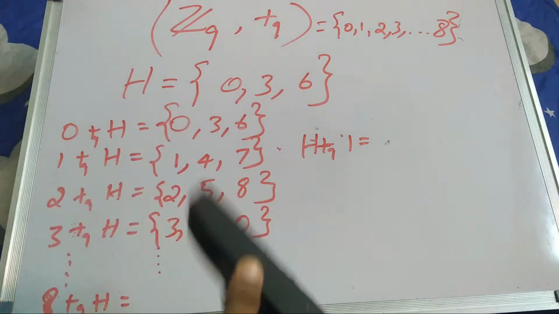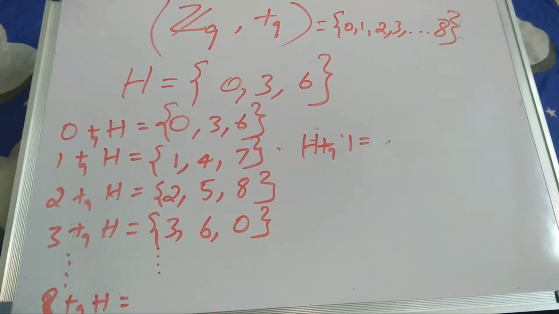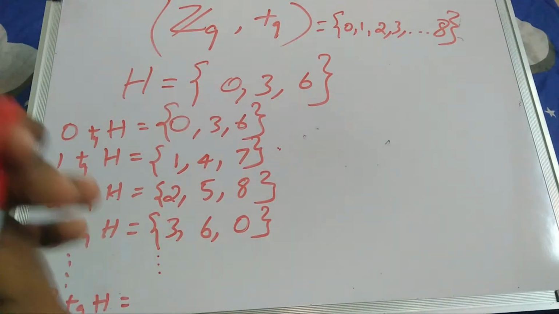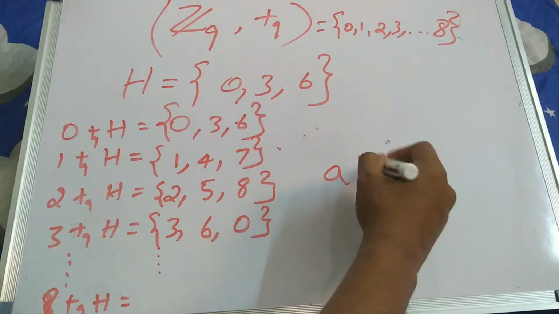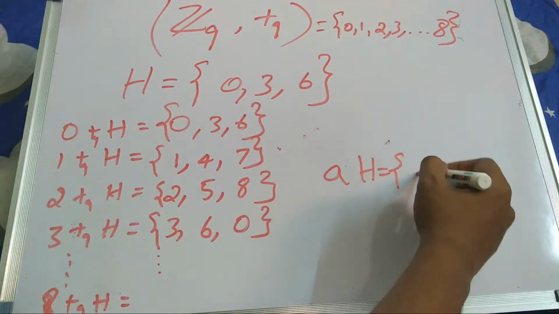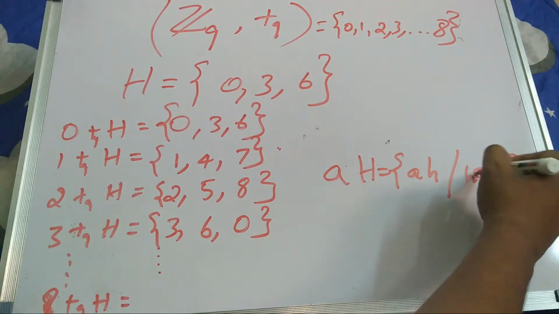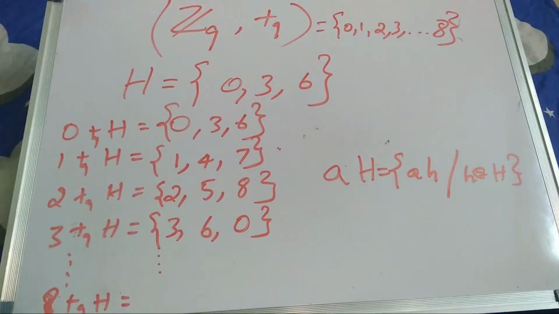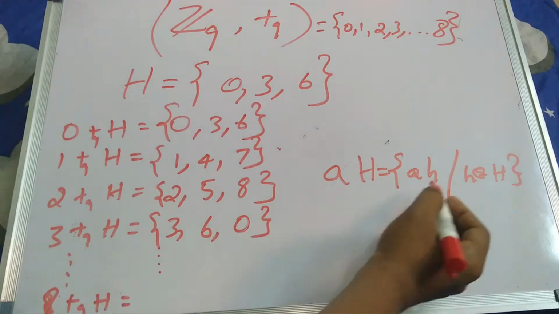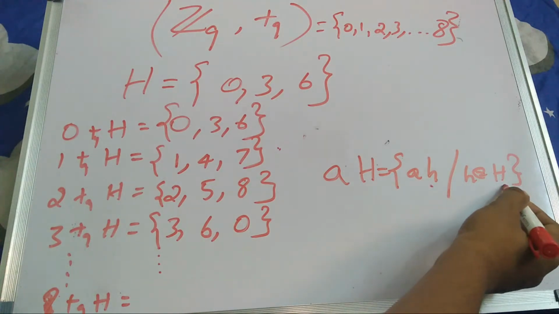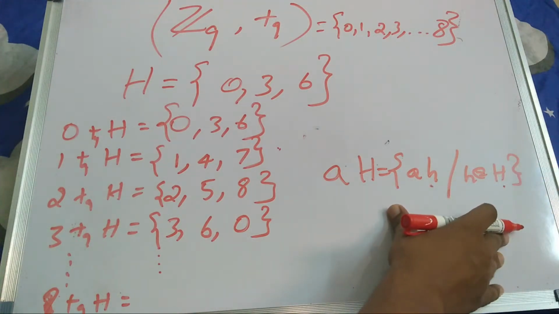So if we look at the set definition properly, we will go to the definition of coset. How did we define aH? aH is the set of ah such that h belongs to H. Now suppose the group is abelian. h is also an element of the group G, because it is in the subset, it is going to be in the whole set.